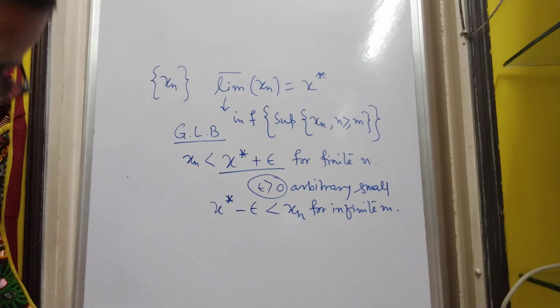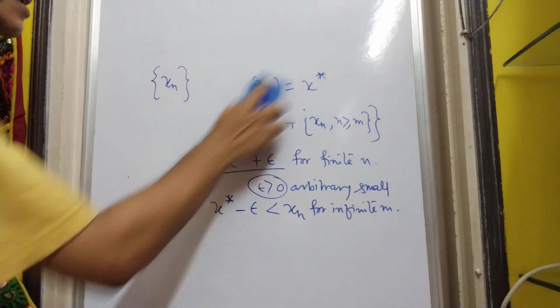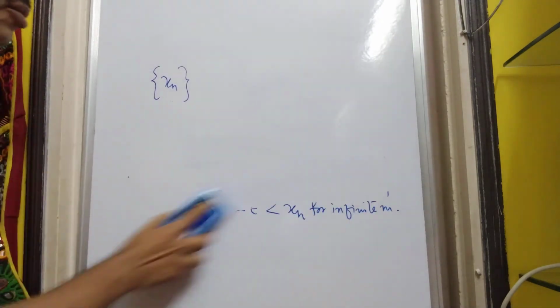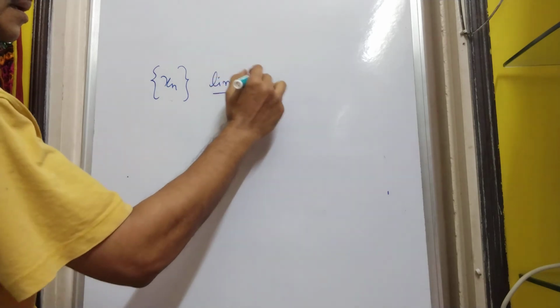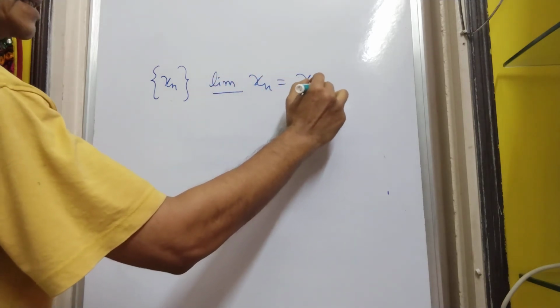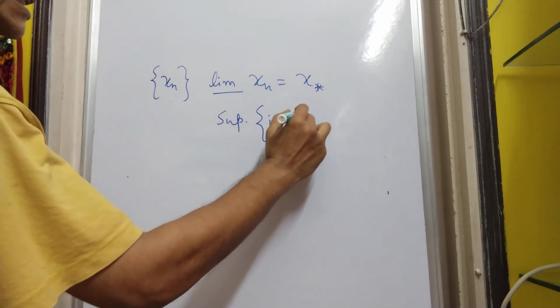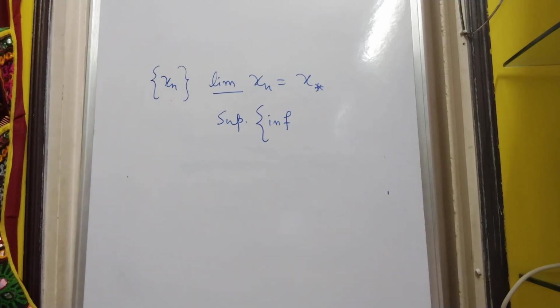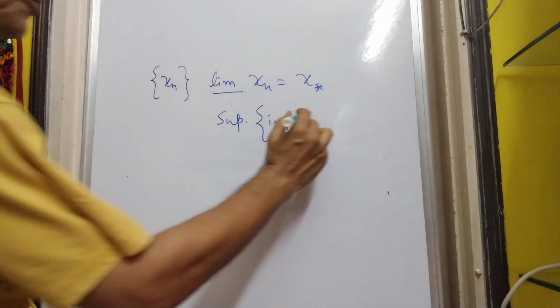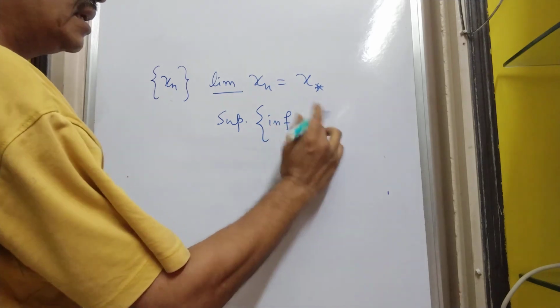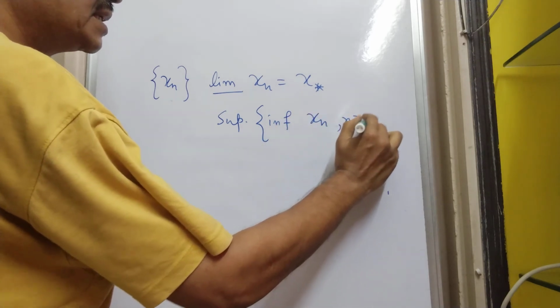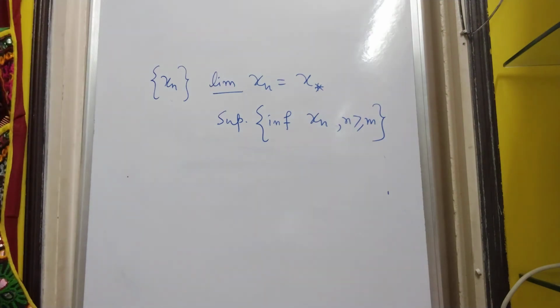And similarly, we can define the limit inferior as the supremum of the infimum of the set xn for which n is greater or equal to m, vice versa.